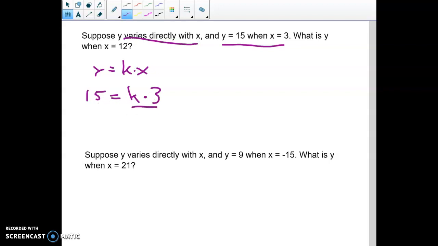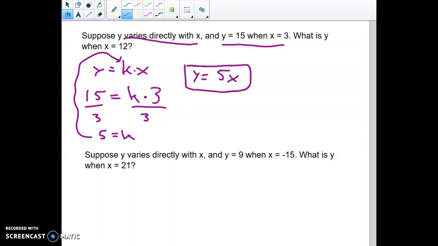Or if you want to solve this, you can divide by 3, and then we figure out that the constant is 5. All right, so that gives us our equation. So now we have y equals 5 times x, right? And so that is our direct variation equation.